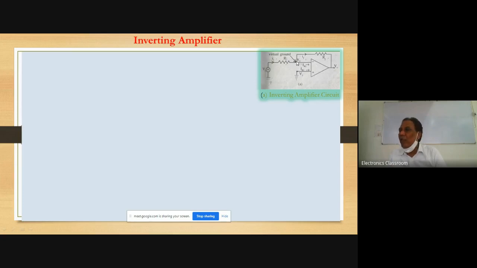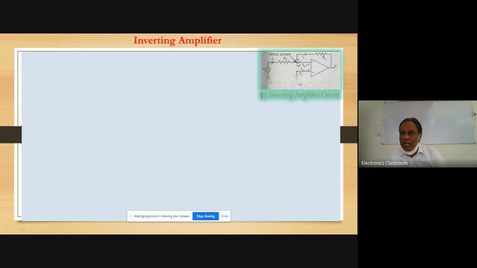P1 is a junction point of the feedback resistor from the output side to the input side and the input resistance Ri, and its connectivity to the inverting terminal is a junction point denoted by P2, and that P2 is called the virtual ground.